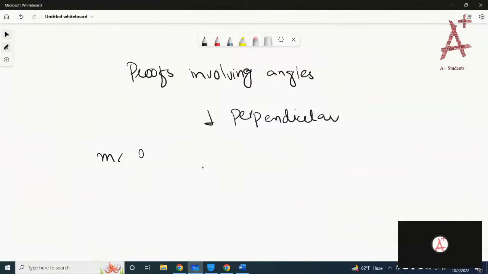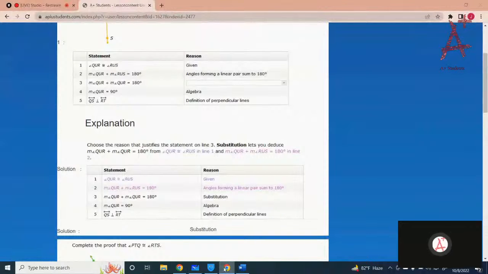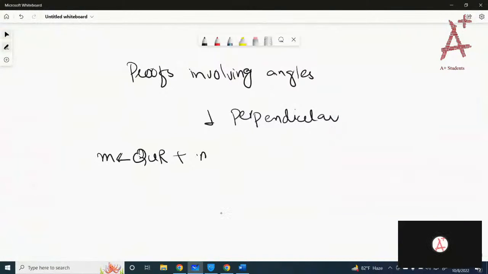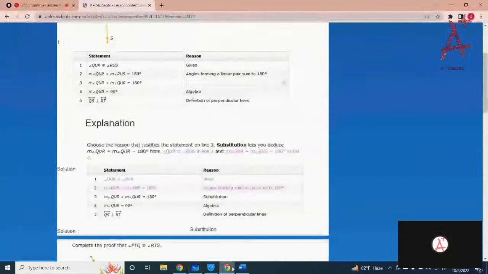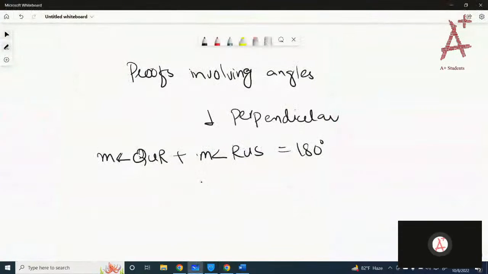Measurement of angle QUR plus measurement of angle RUS is 180 degrees. And the very first line is angle QUR is congruent to angle RUS.